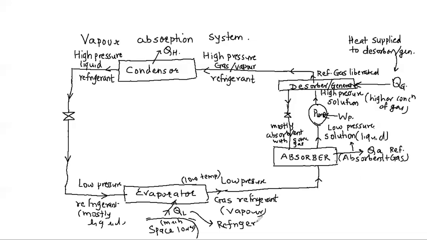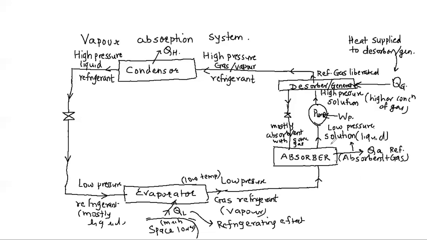As a result, the refrigerant gets converted to gaseous form, and this gaseous refrigerant, which is at low pressure, enters the absorber. In the absorber, it is bubbled in, and the gas gets absorbed by the absorbent. When the refrigerant gas gets absorbed by the absorbent, what we get is a solution.